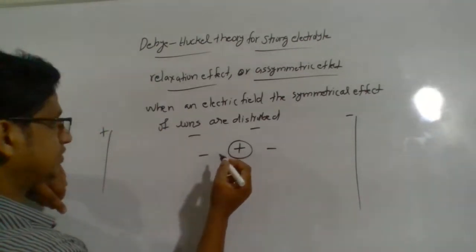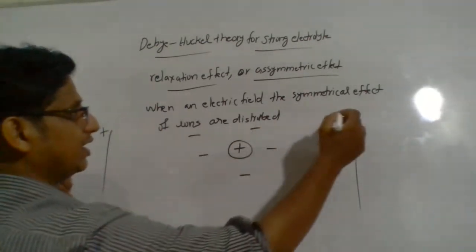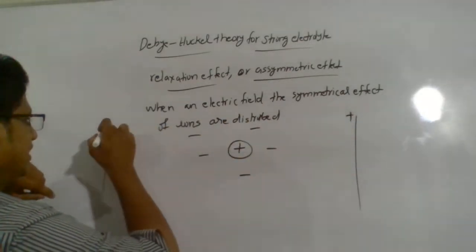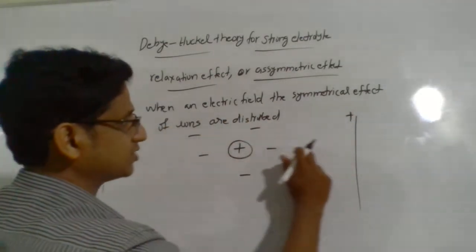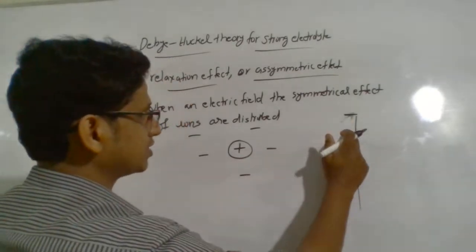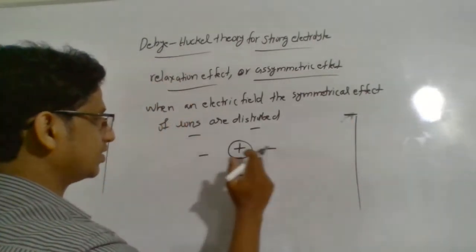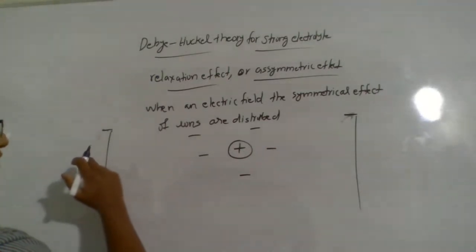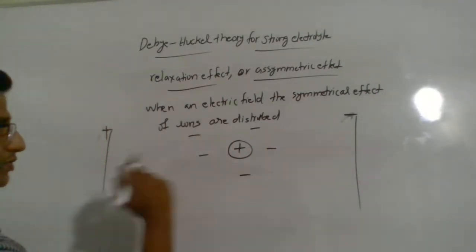A positively charged ion tries to move to the negative electrode and a negatively charged ion tries to move to the positive electrode.